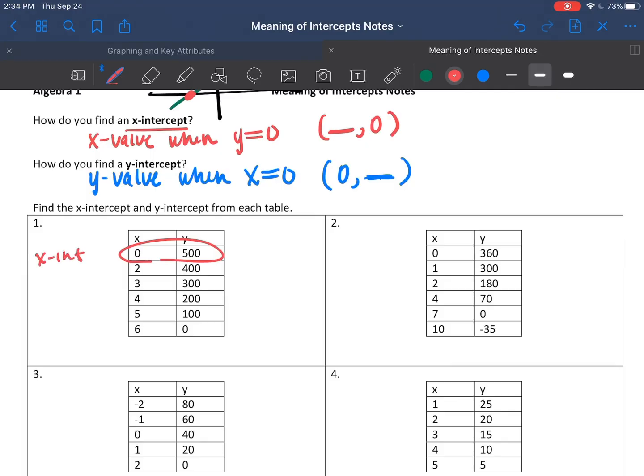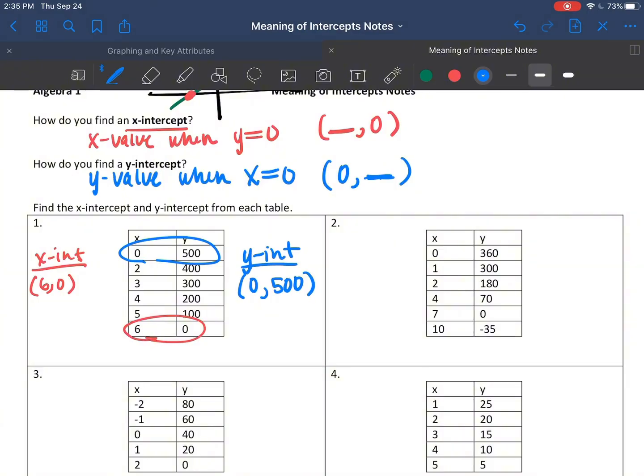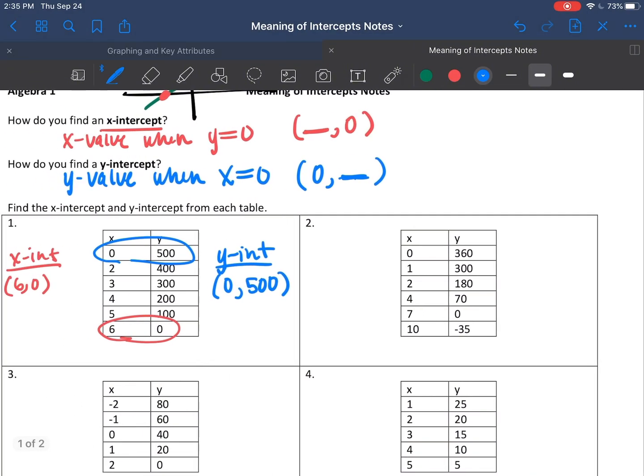zeros. So here's my x-intercept. Nope, that's my y-intercept. My x-intercept is an x value when y is 0. My y-intercept is the y value when x is 0.